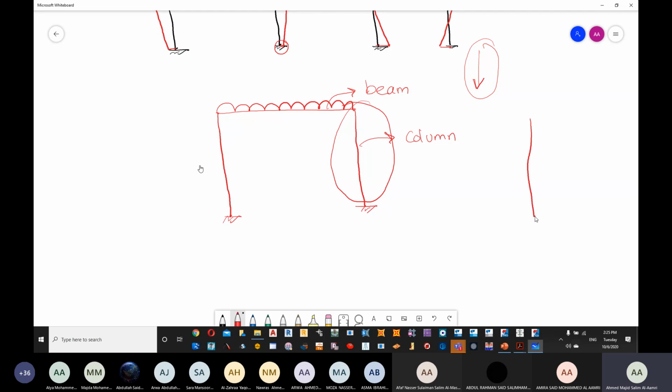If the column is already vertical, can you draw the vertical UDL? Is it possible? So that's why I draw it only in span number 2. Is it clear? Are we clear now? Good. Okay, good.